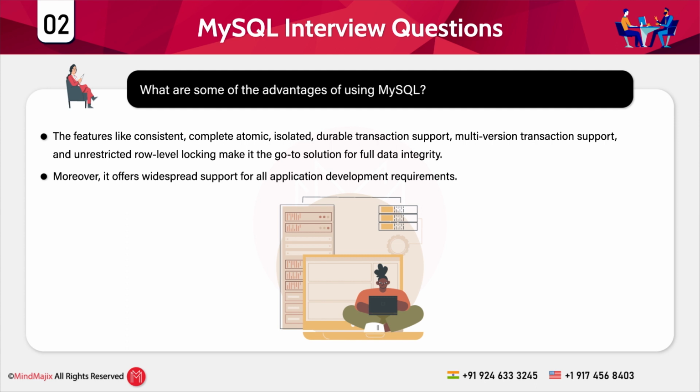Features like consistency, complete atomicity, isolation, durable transaction support, multi-version transaction support, and unrestricted row-level locking make it the go-to solution for full data integrity. Apart from this, it offers widespread support for all application development requirements. In the MySQL database, you can find support for stored procedures, functions, triggers, cursors, views, ANSI standard SQL, and much more.